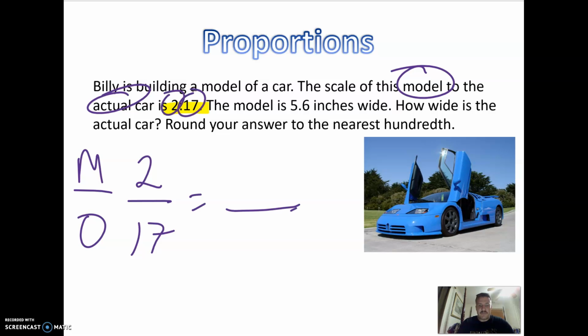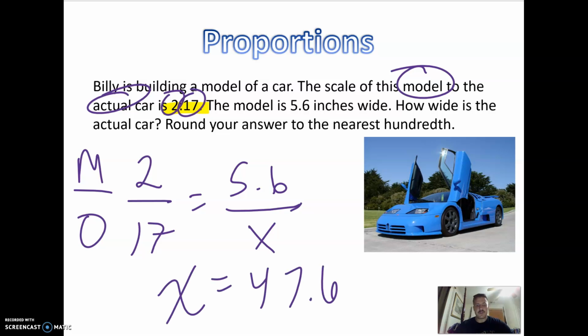The model is 5.6 inches wide, so we're going to line that up with M because M stands for model. And then we would just make our X to get our final answer. And if you do this correctly, you should get the following answer, 47.6. So again, if you want to see how it works out, you cross multiply it and then solve it.